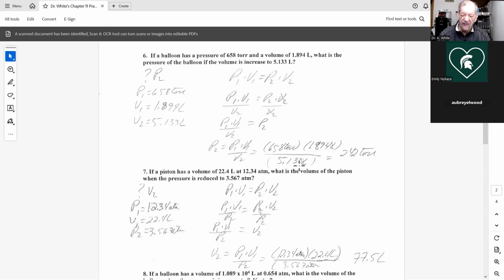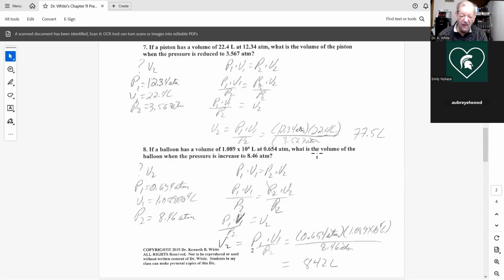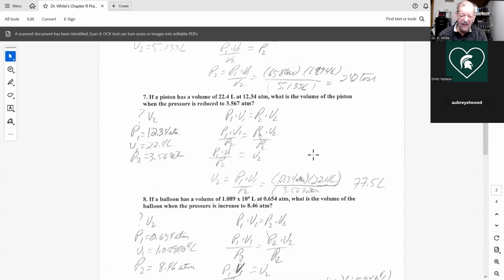In multiplication and division, you get the same number of significant figures as the number with the lowest, 3. And there you are. And I have some more problems like that. You can look, and there's the same philosophy using P1 times V1 equals P2 times V2 and solve for either P2 or V2.